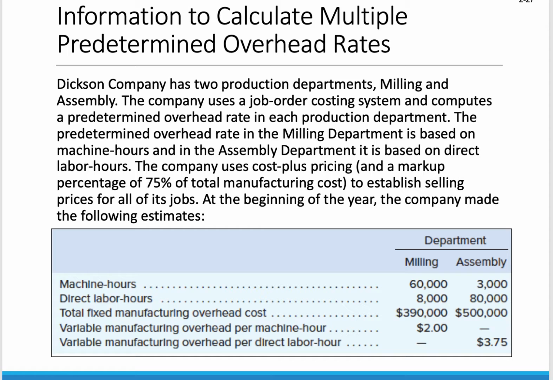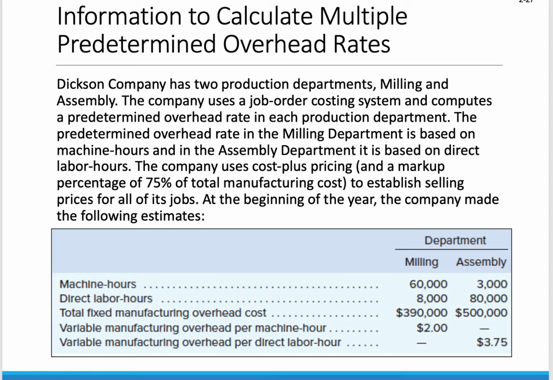And here's what I mean by that. If we base manufacturing overhead on direct labor hours, that's not a good allocation base for the milling department. Why? Because what drives the costs in the milling department is the machine hours, not the direct labor.